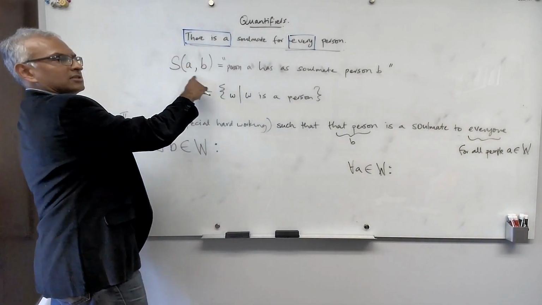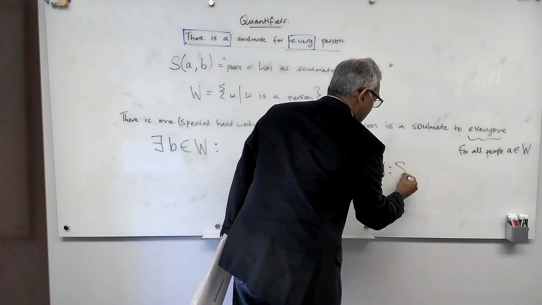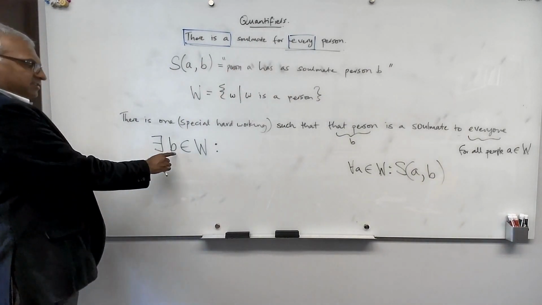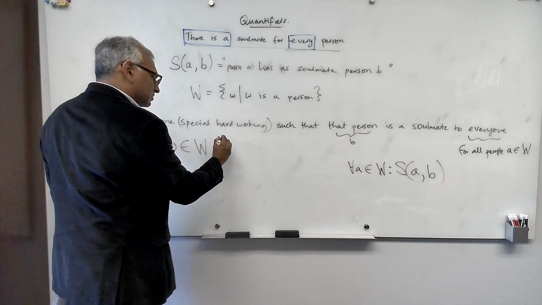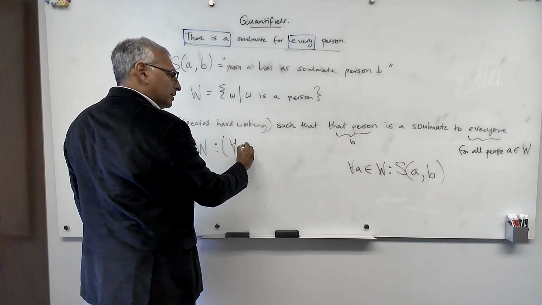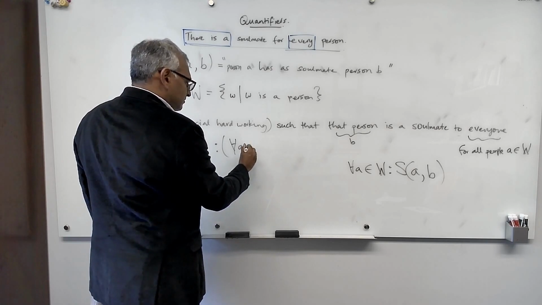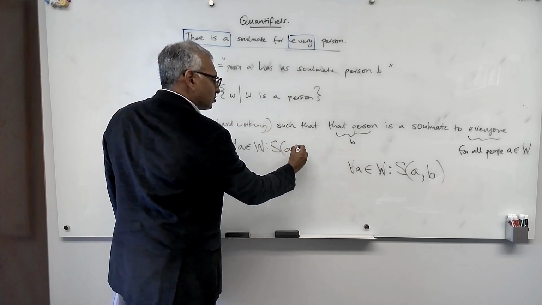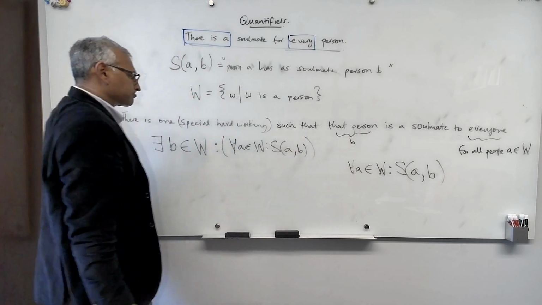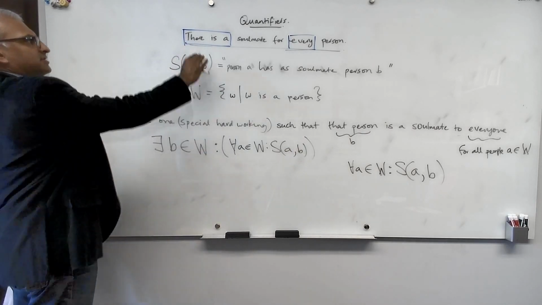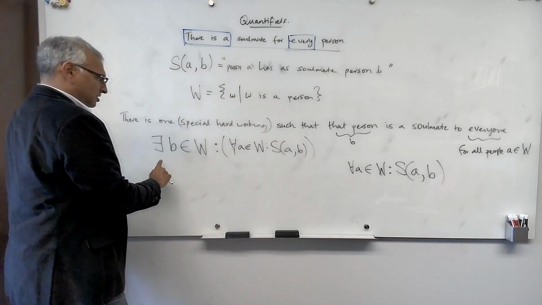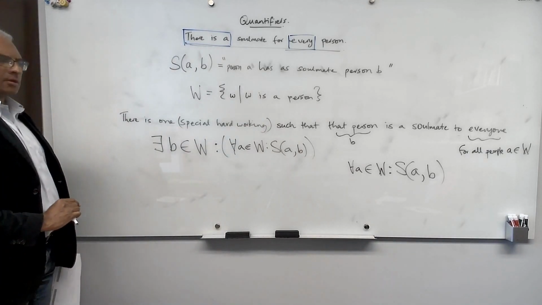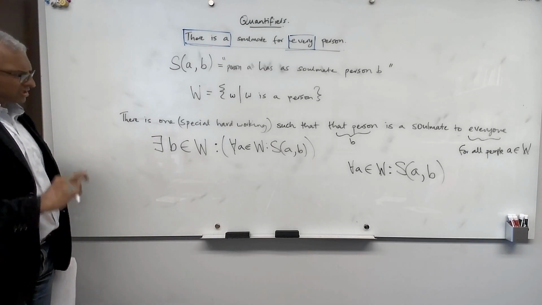But that's exactly what this predicate does. It's the case that B is a soulmate to A. So there exists this special B such that for all people A in the set of people, B is a soulmate to A. So this sentence in the first interpretation has this fairly complicated representation in math.